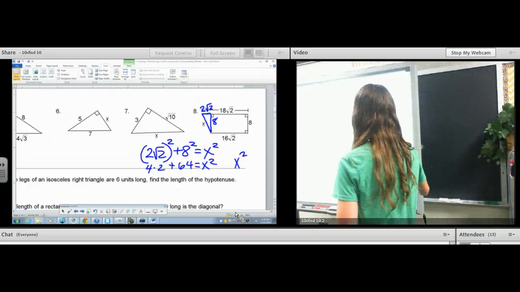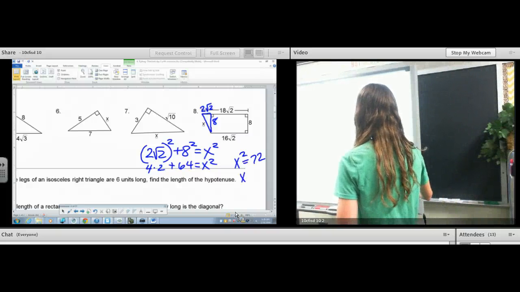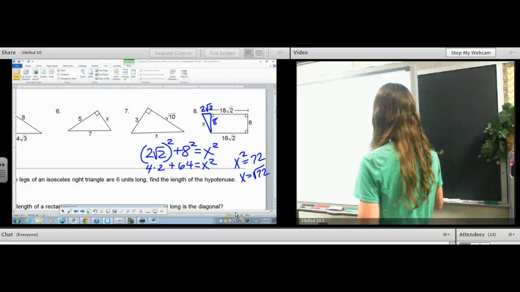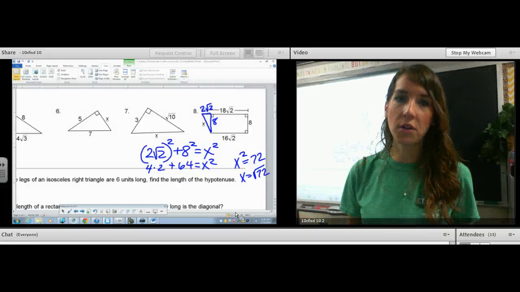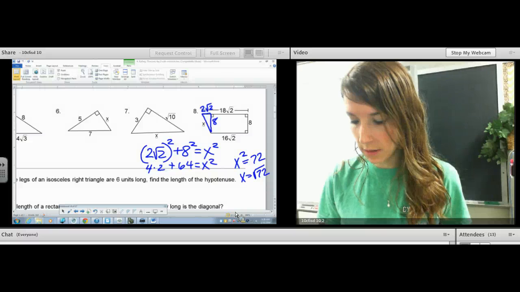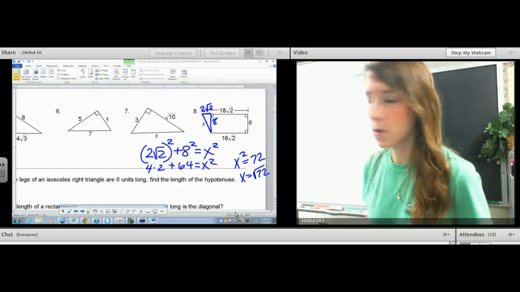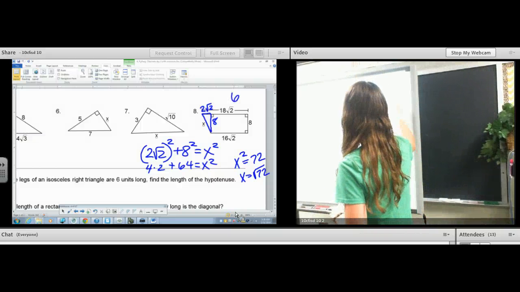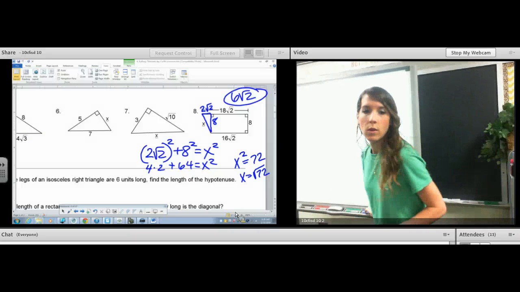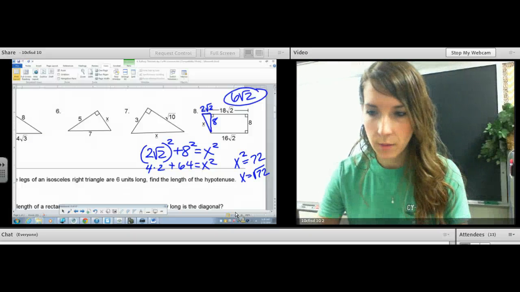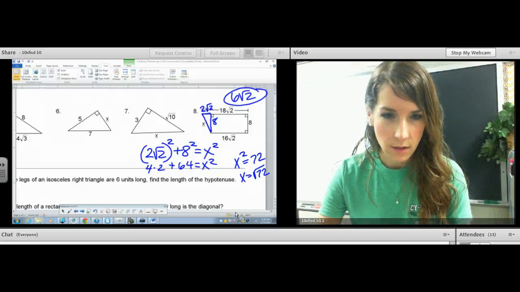So x squared equals 72. x equals the square root of 72. You factor tree it, or you go to your calculator, whatever method you use, and you get 6 root 2. Okay. So there's number 8. What's next? 14, and then 15. Okay.